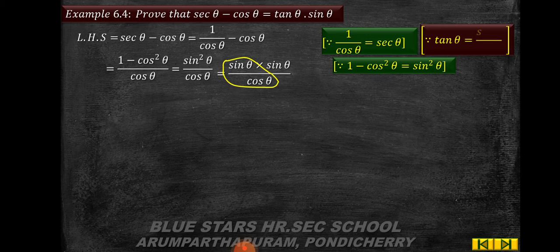We know the formula, so this implies tan theta into sin theta. That is the right hand side. So taking the left hand side, secant theta minus cos theta, we proved the right hand side, tan theta into sin theta.